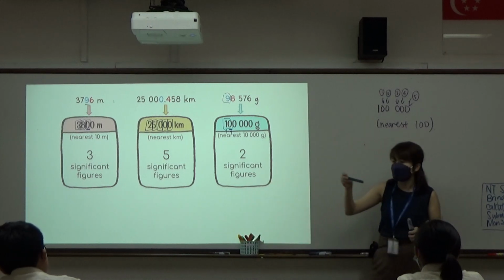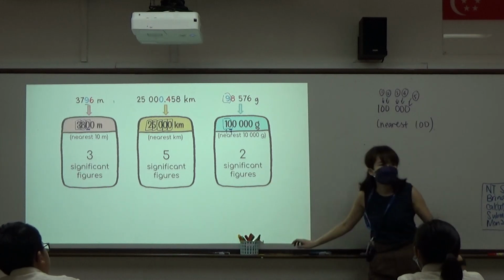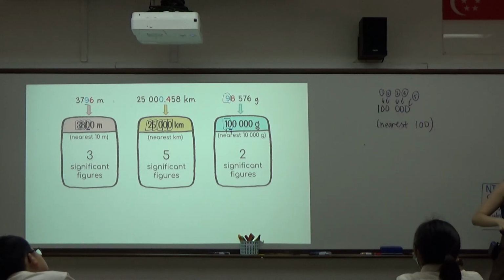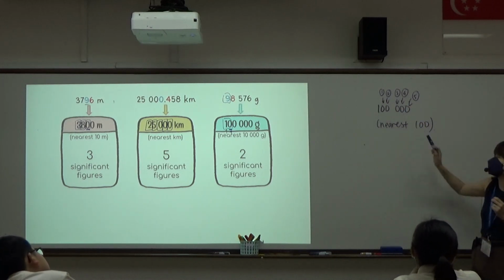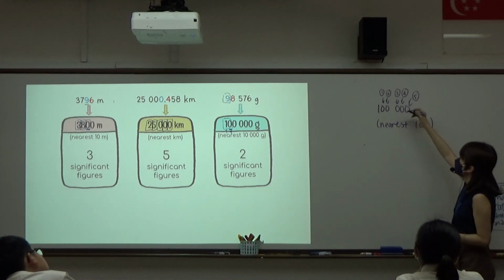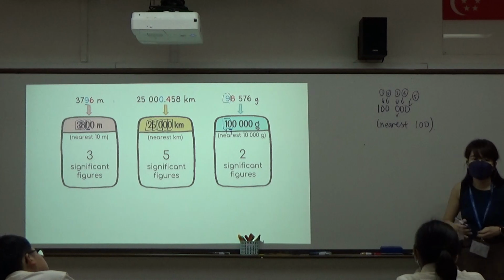Let me ask the person, Zi. Okay, tell me which zero is in the hundreds place? The third one, right? Okay? So do we all agree that the third one is at the hundreds place?